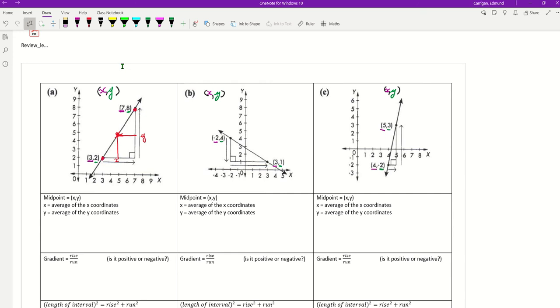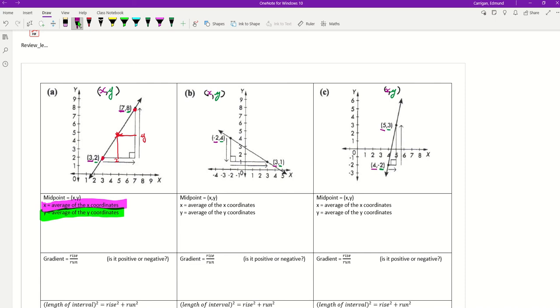So the way we find that is we find the average of the x coordinates is the x value, and the average of the y coordinates is the y value. So remembering that the x coordinate is the first one in the pair and the y coordinate is the second one.